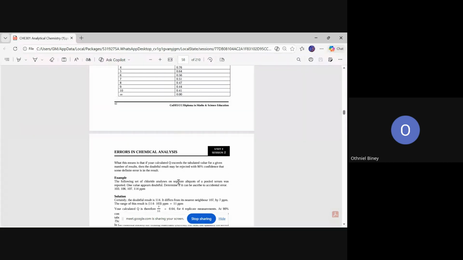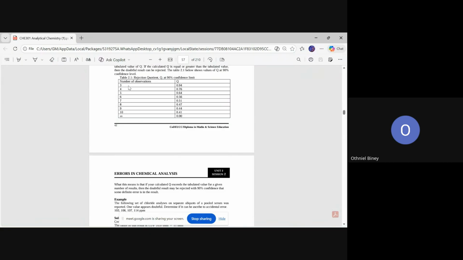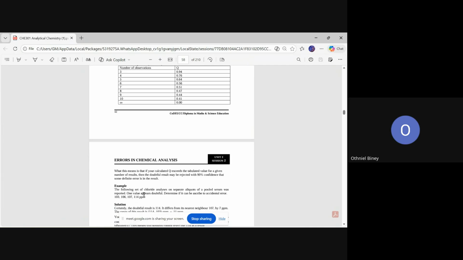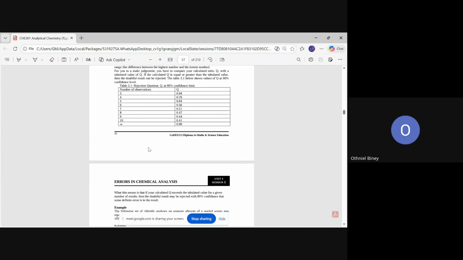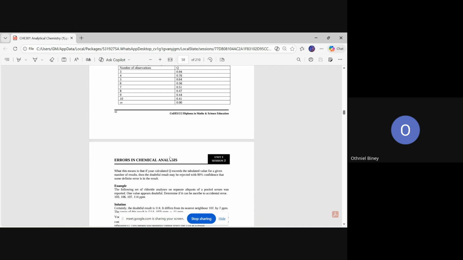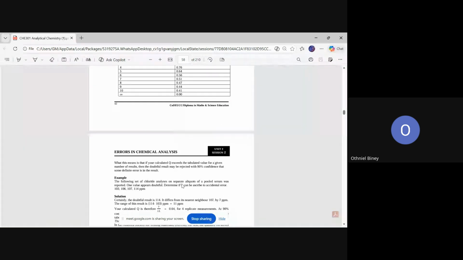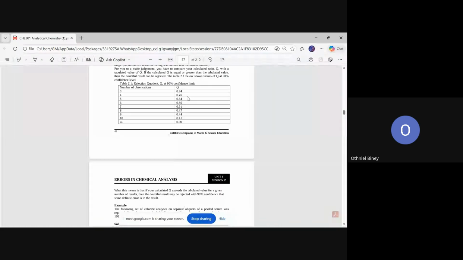Then you come back to the table. The table gives us the number of observations. Assuming the results here were just 3, you would look for the Q value based on 3 observations. But in this situation, the number of observations is 4. So you come to the Q value based on 4 observations.